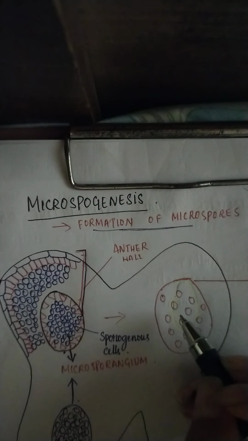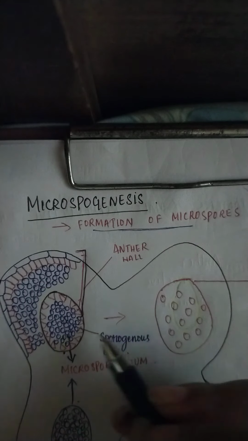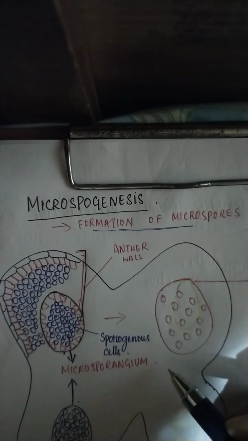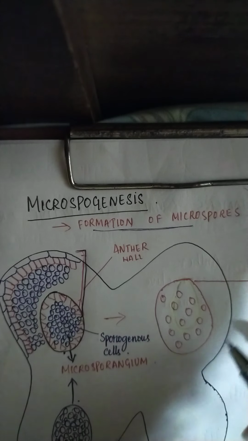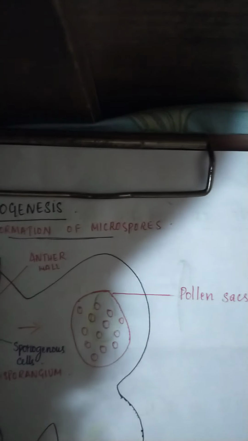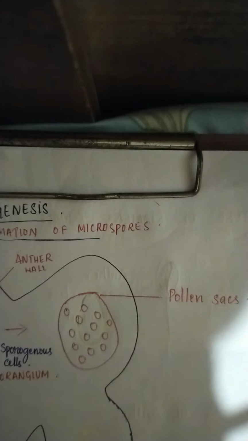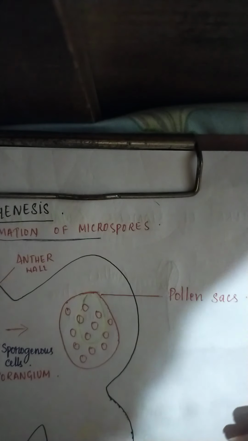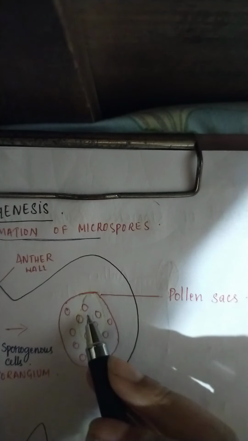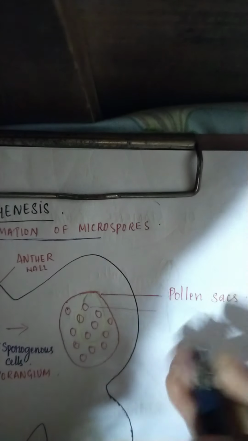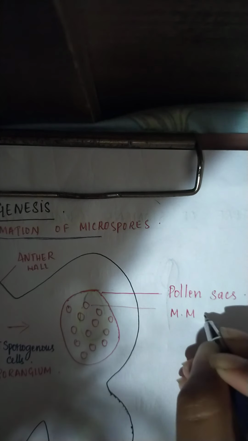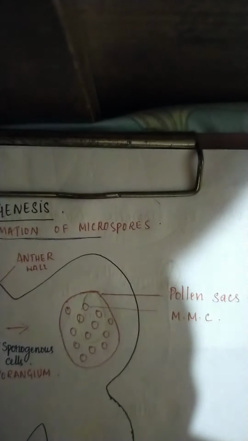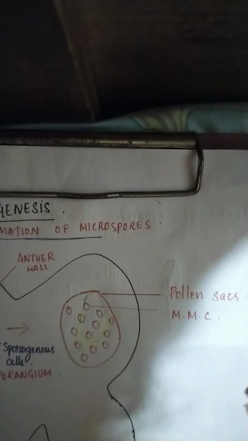When the anthers become mature and the sporogenous cells come into loose contact with each other, it is known as a pollen sac. These sporogenous cells are known as the microspore mother cells.